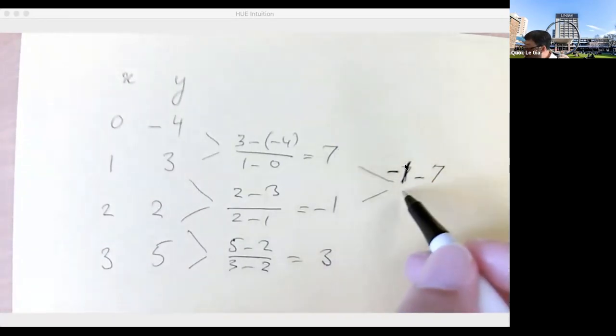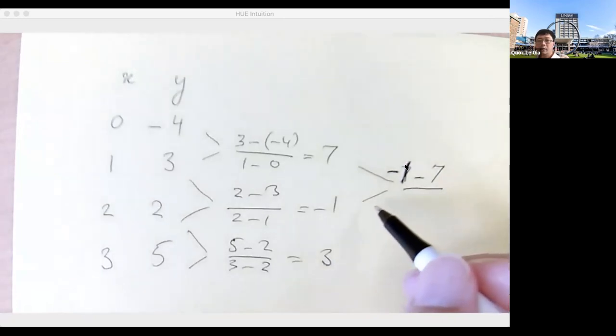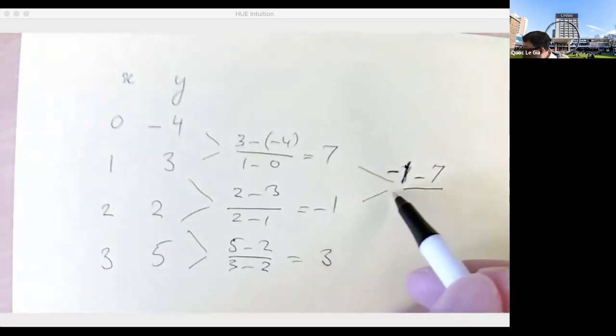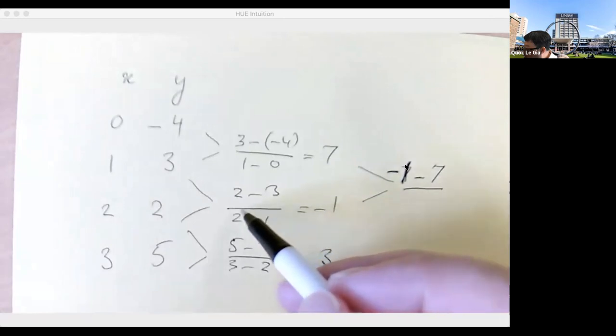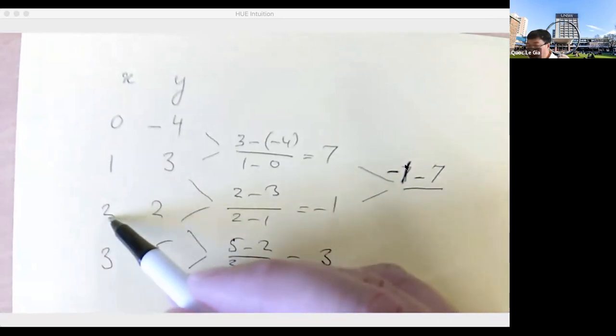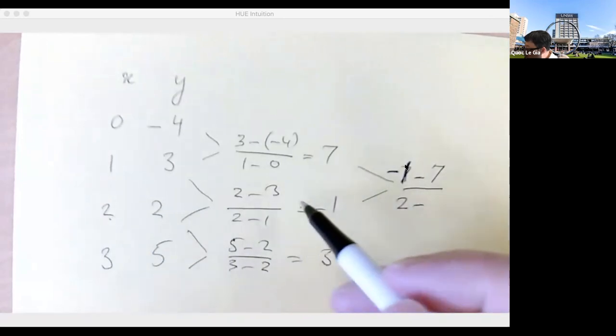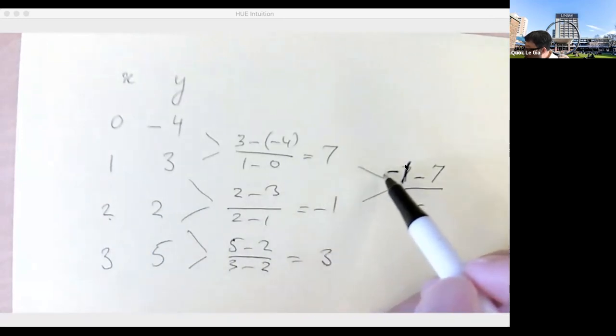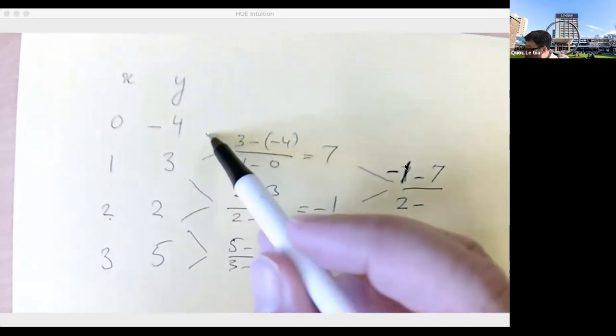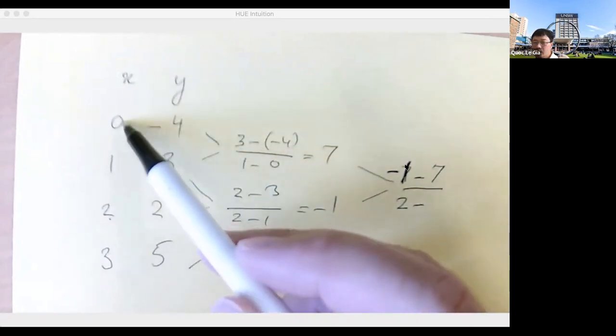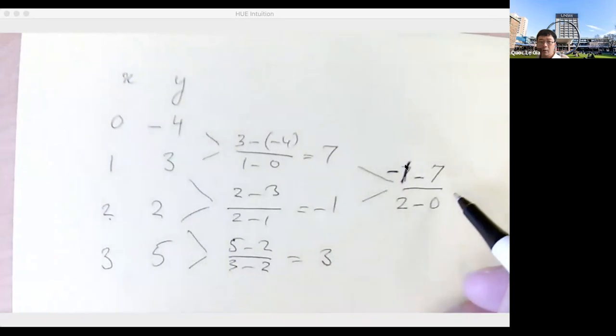Take this one, minus 7, over, so now we have to be careful, okay? So we have to go down here, go down here, go down here, and take this point, okay? So 2 minus, and now we have to go up this range, and stop here. So 0. Okay, so you got minus 8 over 2 is minus 4.